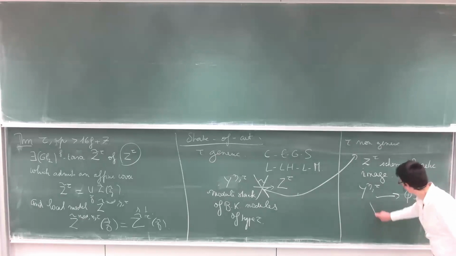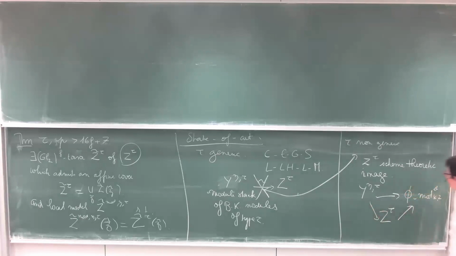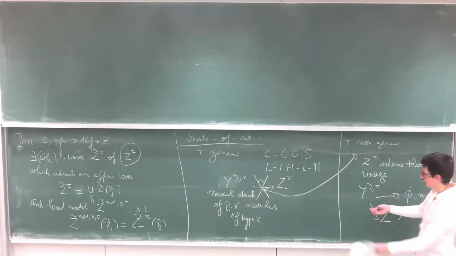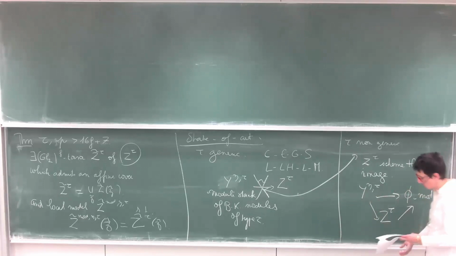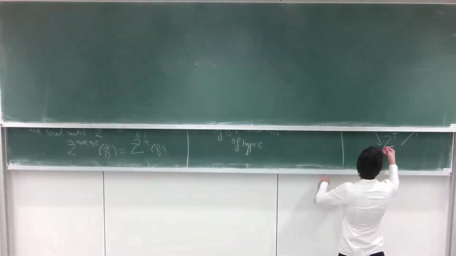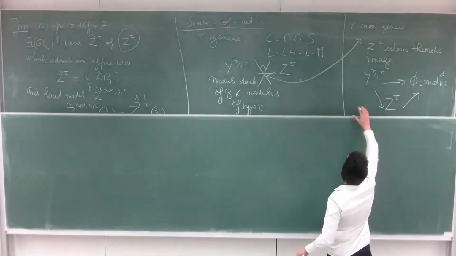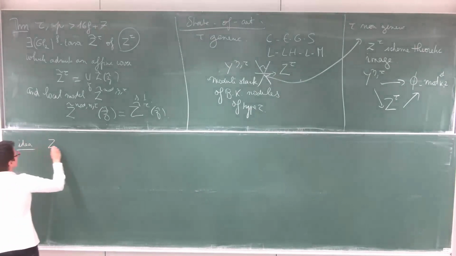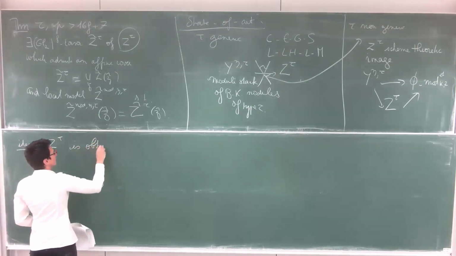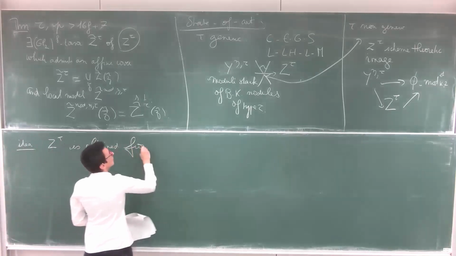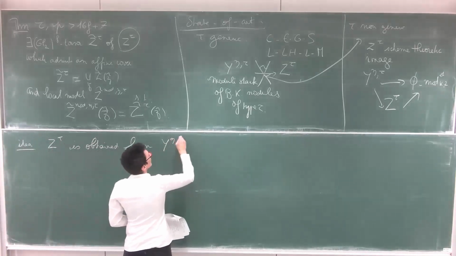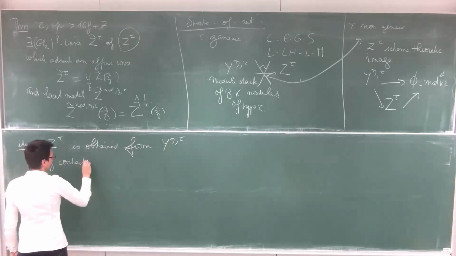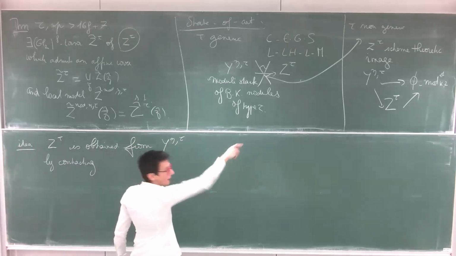Okay, and in fact, you have to compute this image, so it means that the tau Moufang stack is obtained from the moduli stack of Breuil-Kisin modules by contracting the fiber of this map.